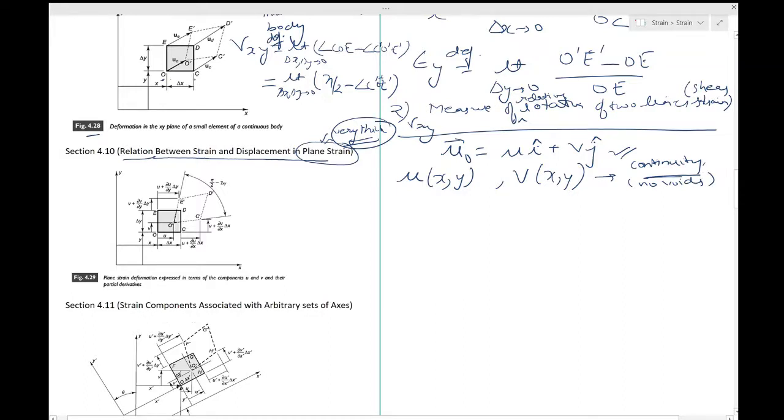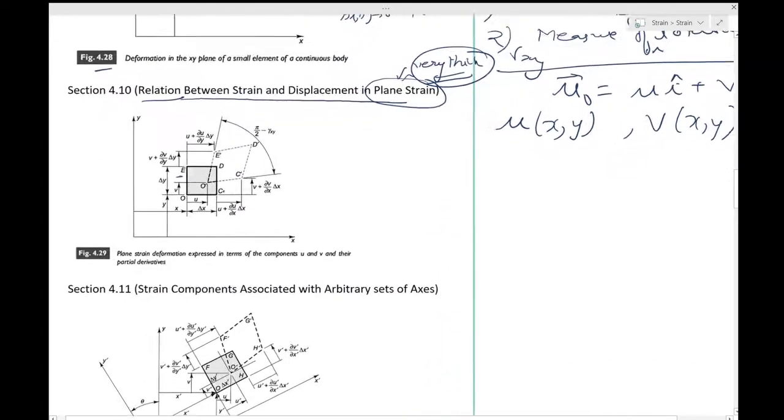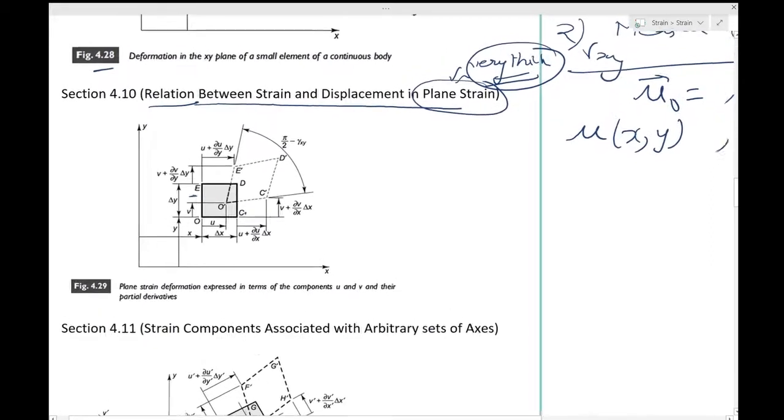Now, using the concept of partial derivatives, we can express the displacements of points E and C in figure 4.29. Let's take E first. I'll just zoom in over here.